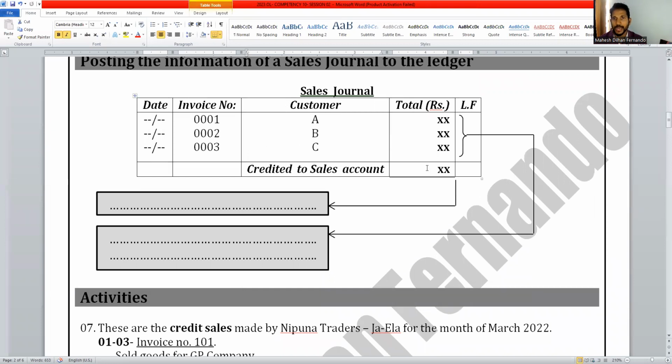I'm starting the proceedings with this. The total of the credit sales.